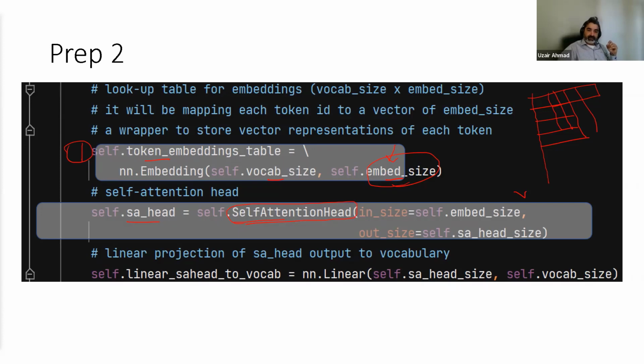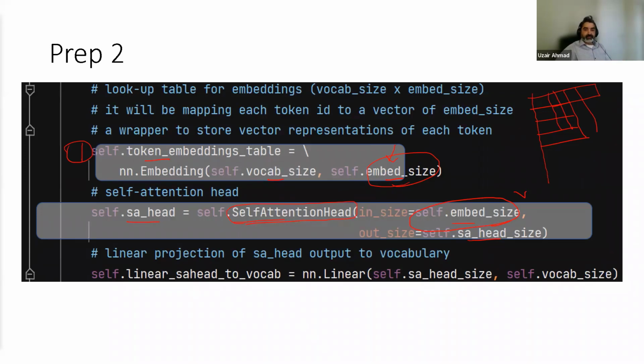Then you created an object of self-attention head, which is going to have 3 networks. Every network will take input. Every network will have input layer that will have as many neurons as your embed size. And then it will do something with that. And output layer will have as many neurons as your SA head size. This is another parameter. Usually, self-attention head size is smaller than the embed size.